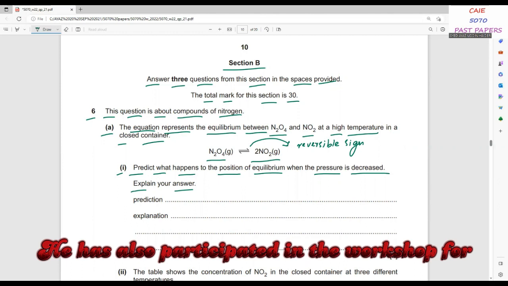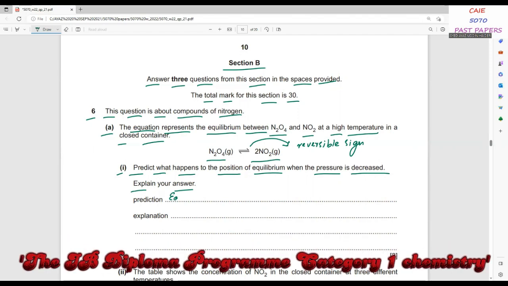So equilibrium shifts to the right hand side. Equilibrium will shift to the product side, or right hand side.